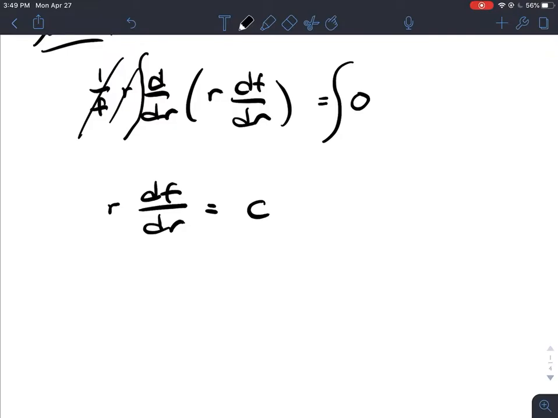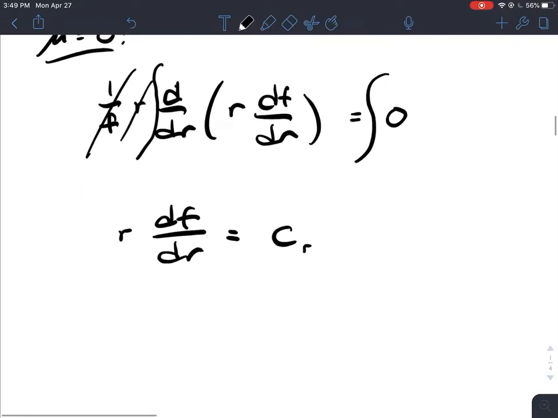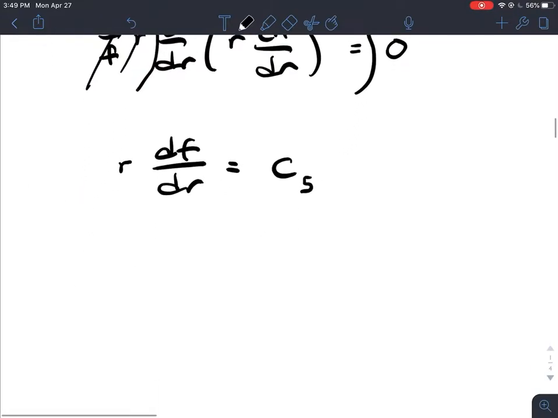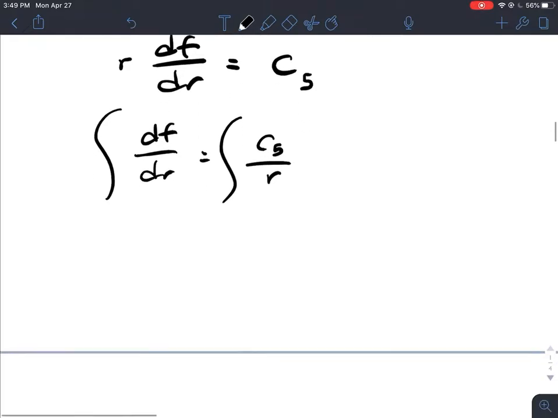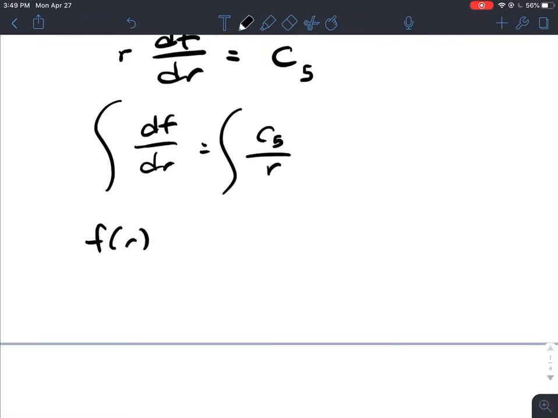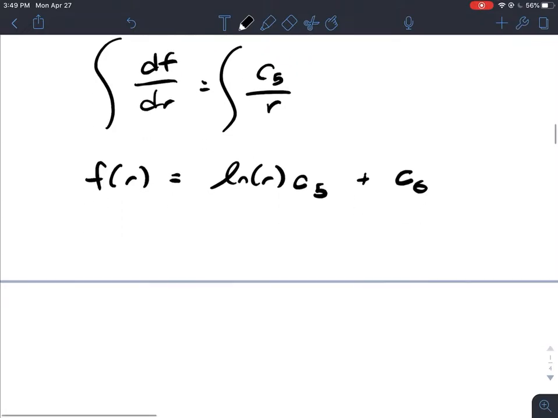Actually, let's call this c5, I think, because we haven't used c5 yet. Okay, c5. Okay, so now we're going to divide both sides by r. And then take the integral again, such that we're left with f of r is equal to natural log of r times c5 plus some arbitrary constant c6 again. Okay, so now let's apply the boundedness condition again.